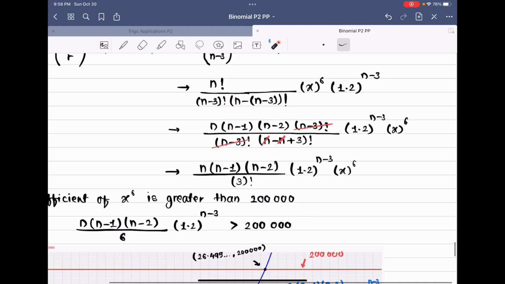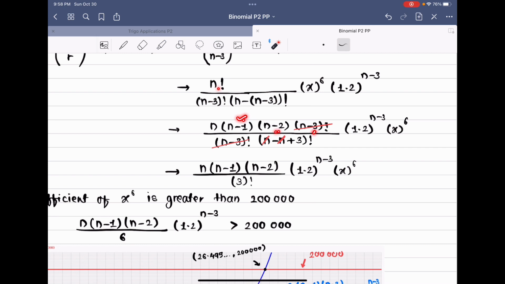Now the bigger one is n factorial. If I open this bracket, n minus n gets cancelled and minus of minus becomes plus 3. So clearly I need to adjust this n factorial into this (n minus 3) factorial. One term lesser than n is n minus 1, lesser than this is n minus 2, lesser than this is n minus 3.